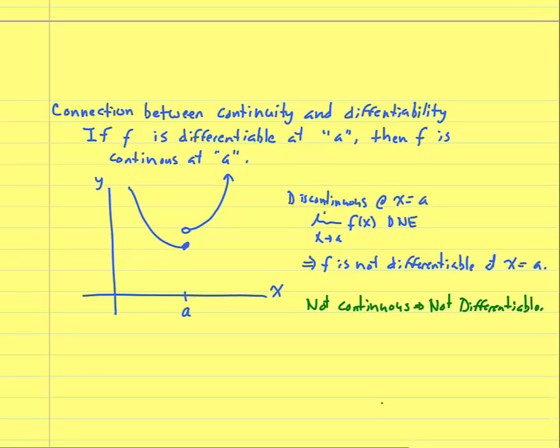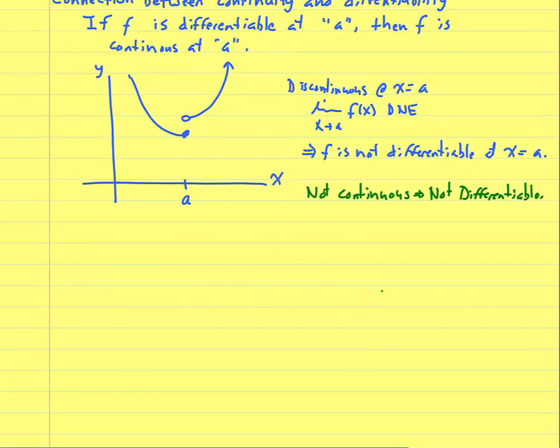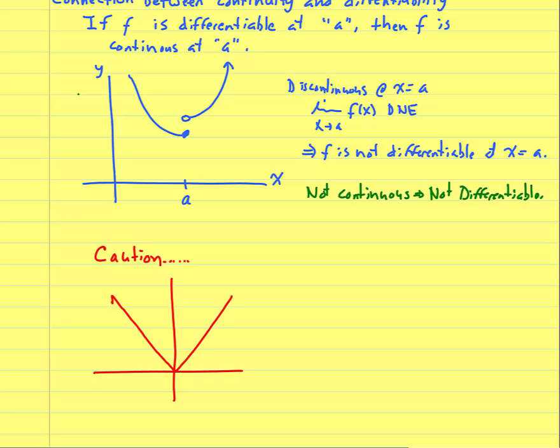But we have to be really careful about something here. A lot of times, because we say not continuous implies not differentiable, we'd want to say, okay, if it's continuous, it's differentiable, but that's not true. If we look at the graph of y equals the absolute value of x, it's continuous, and let's put this as our value of a.